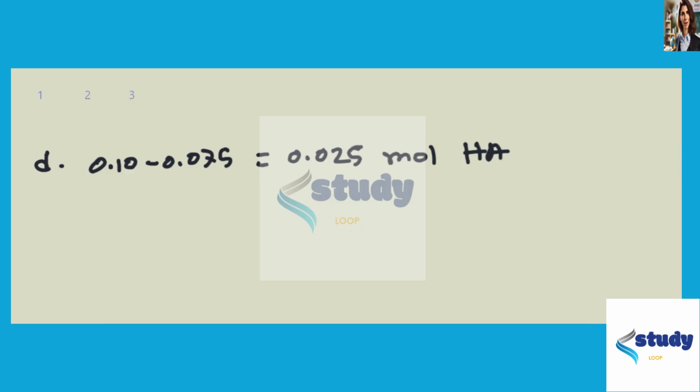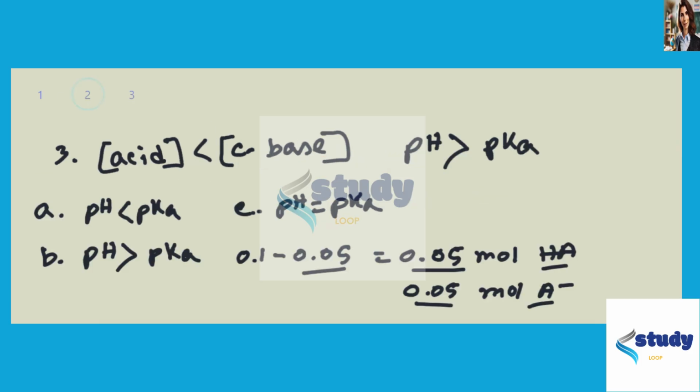The A minus will be the number of moles of hydroxide ion added, that means 0.075 mole A minus. So here you can see that the base concentration is higher than the acid concentration.